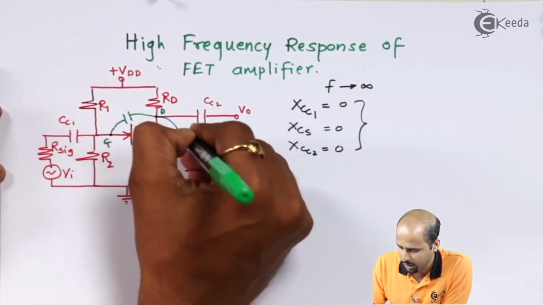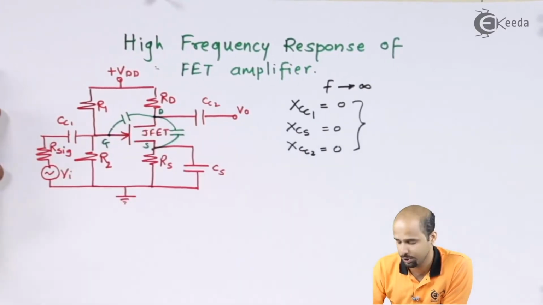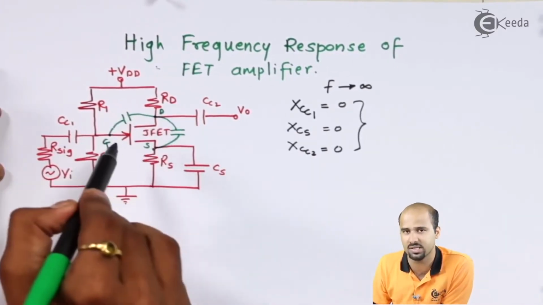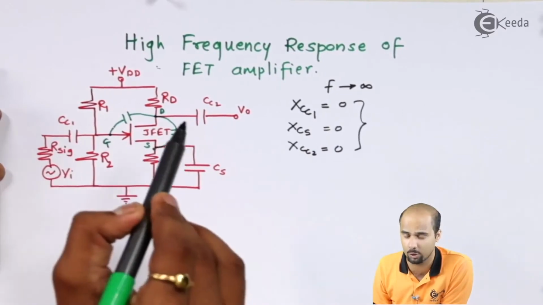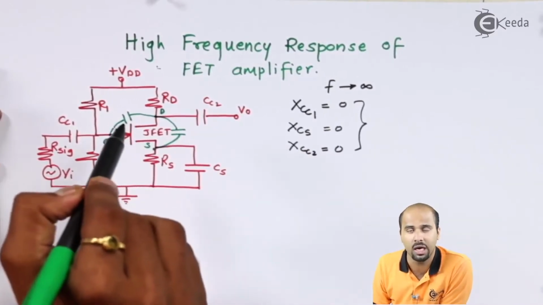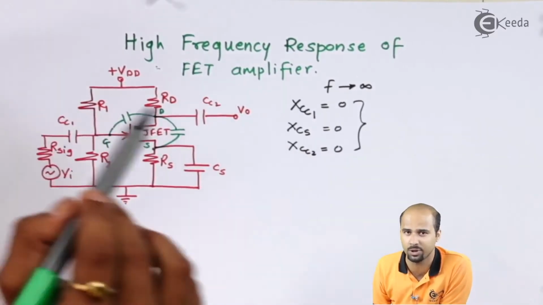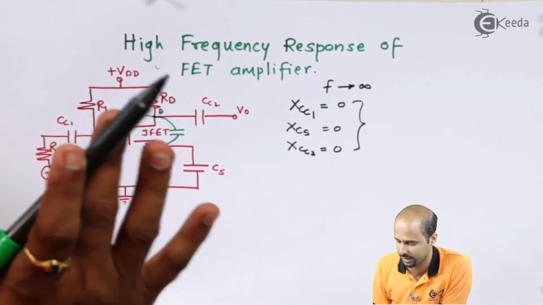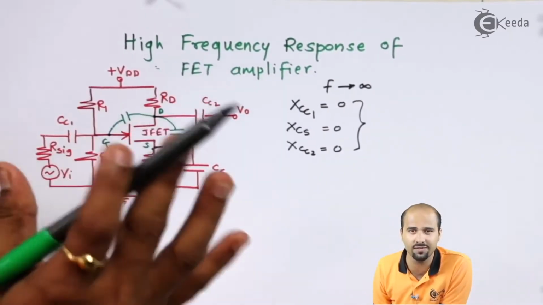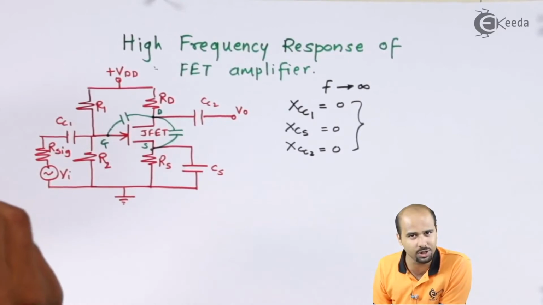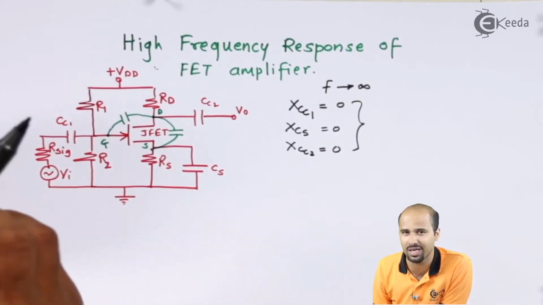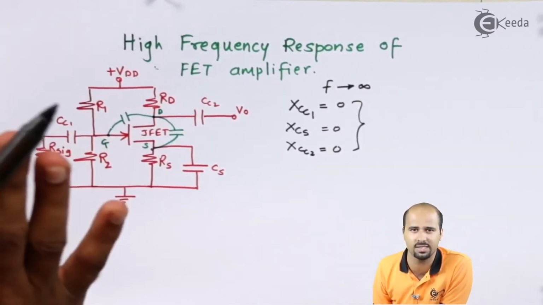Otherwise, as frequency increases, these capacitances will tend towards zero value and become short circuited, and my JFET will get damaged, and I don't want this kind of scenario at any frequency. So we have to set a particular frequency so that my circuit will work as an amplifier.